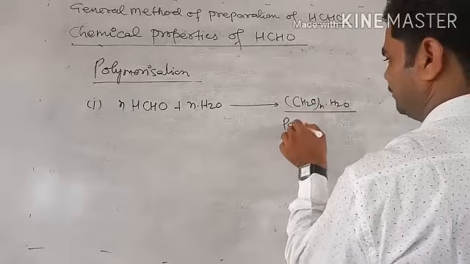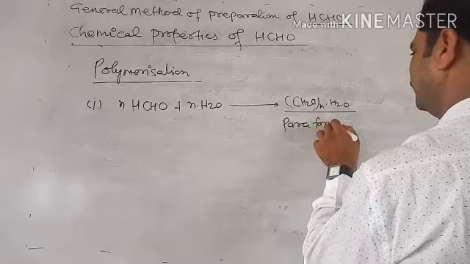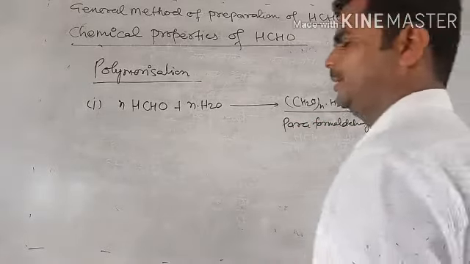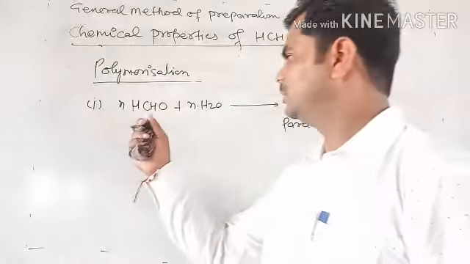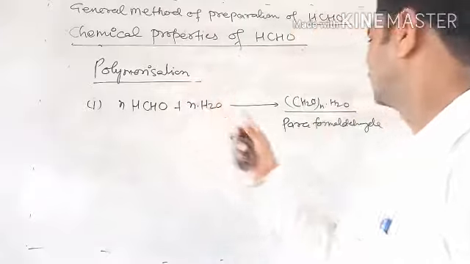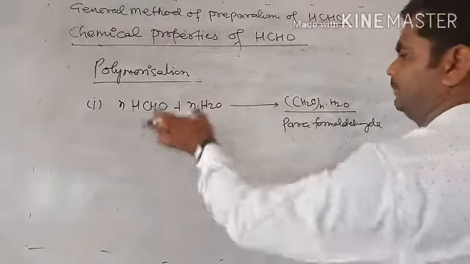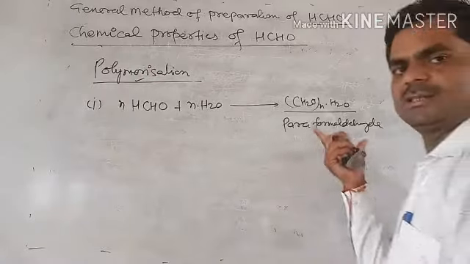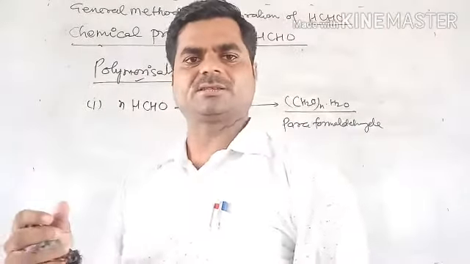This is para-formaldehyde. Para-formaldehyde is the polymer of formaldehyde, and the complete process of forming para-formaldehyde is called polymerization. Okay, and it is a white crystalline substance.